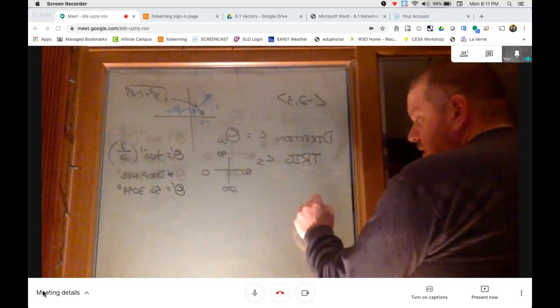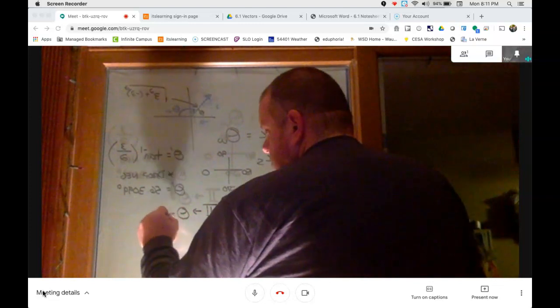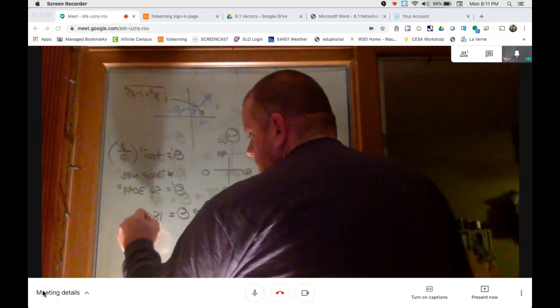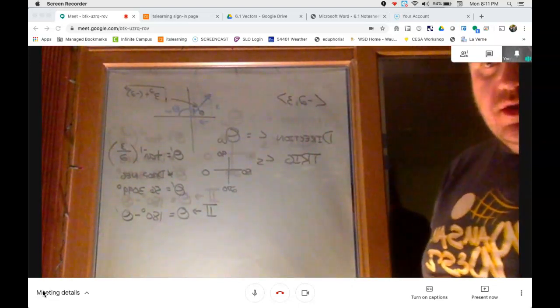Now, because I'm in quadrant number 2, my actual theta is going to be 180 degrees minus theta prime.